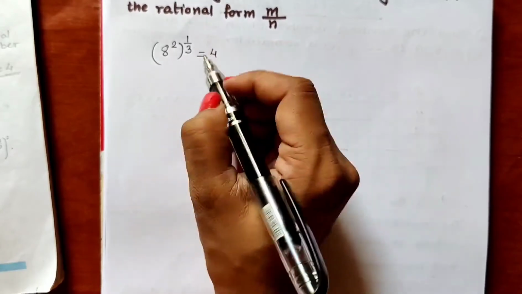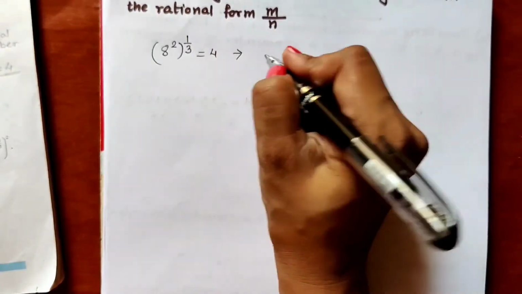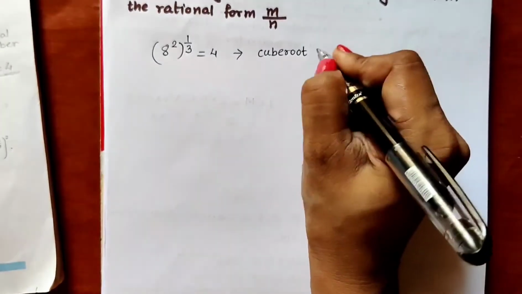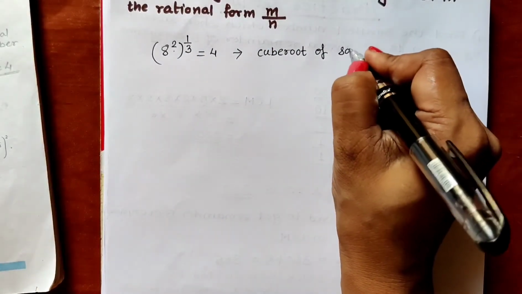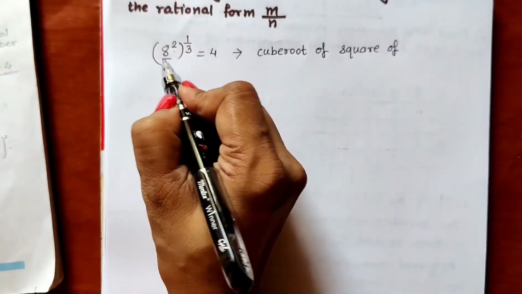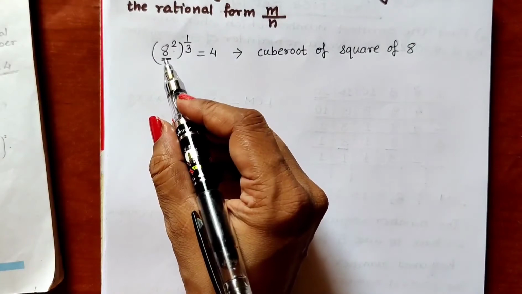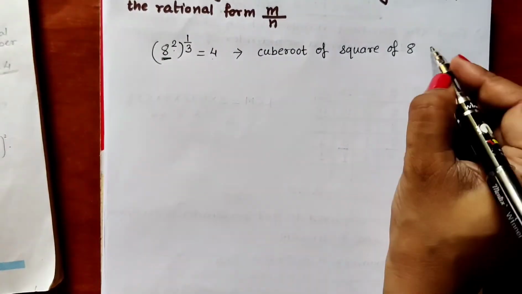It can be read as: index 1 upon 3 means cube root, of index 2 means square, of, and which is the base here? Base is the 8. So in this way this number can be read as cube root of square of 8 is, answer is 4.